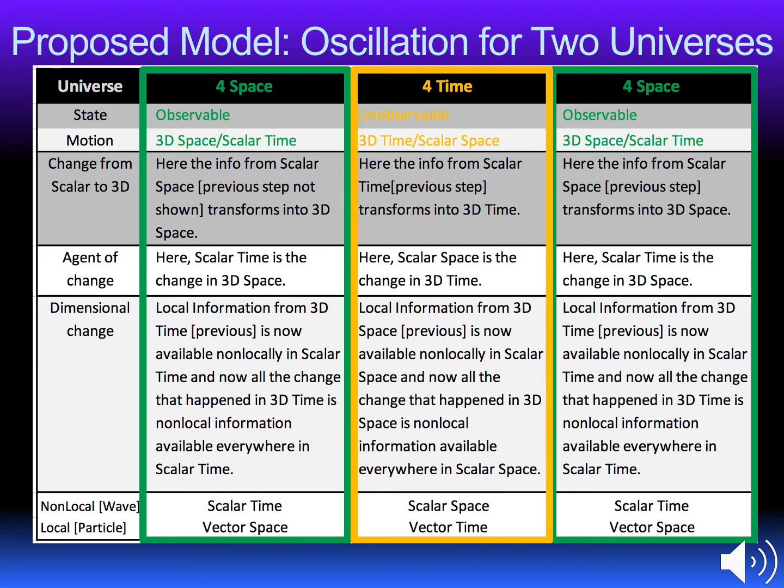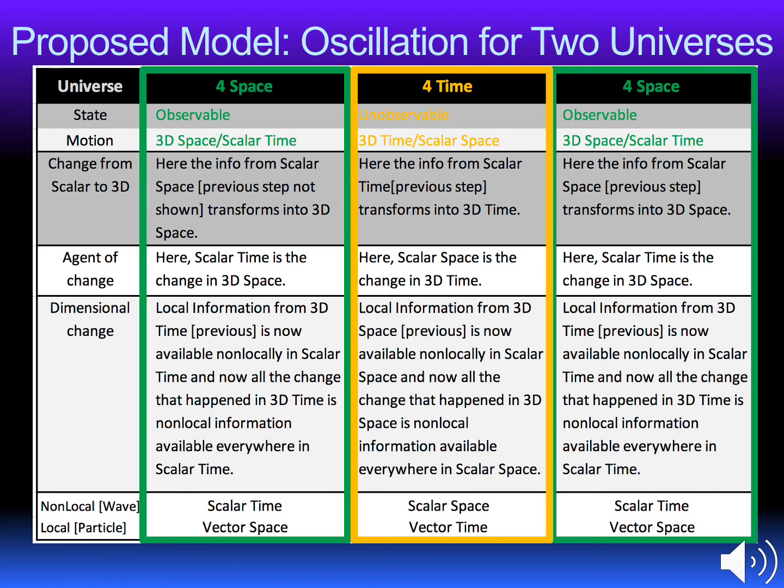Now, when we go to 4-time, when we look at the change from scalar to 3D, here all the information from scalar time in the previous step transforms into 3-dimensional time. The agent of change is scalar space because there cannot be motion in 3D time without scalar space, the same way that there cannot be motion in 4-space without scalar time.